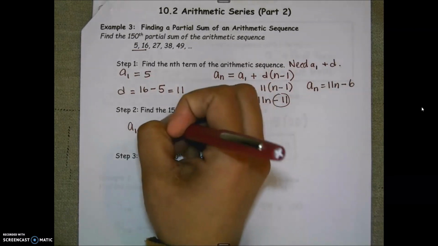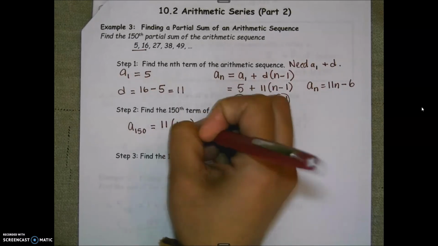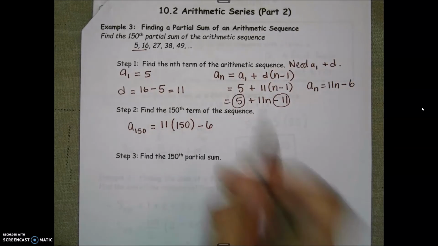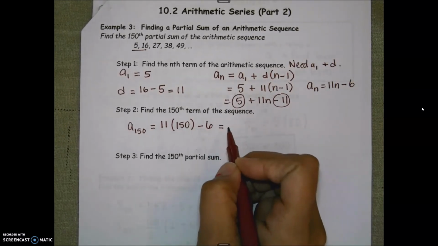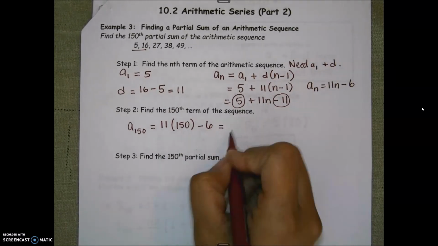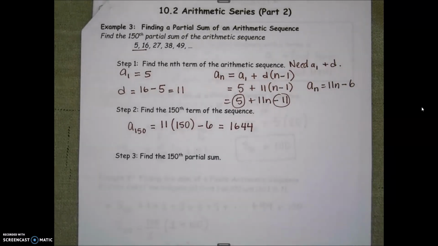By substituting 150 in for n, I know that 11 times 150 minus 6 will give me the 150th term. So if you have a calculator nearby, you'll put this in your calculator. 11 times 150 is 1650, minus 6 is 1644.